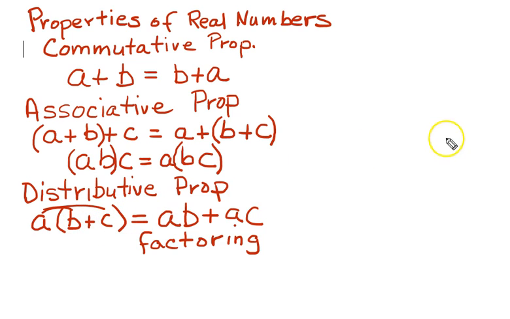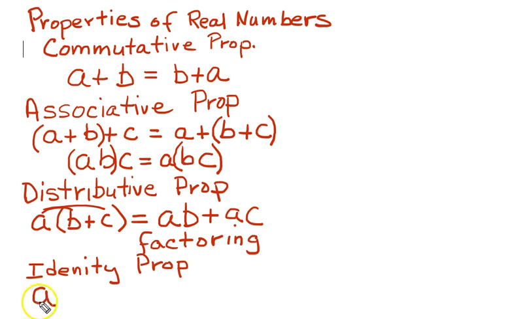All right, we're now going to take a look at what is called the identity property. And it is basically, if we have a term, whatever it happens to be, and we add a 0 to it, we just end up with the same term. So this is referred to as the identity property of addition.